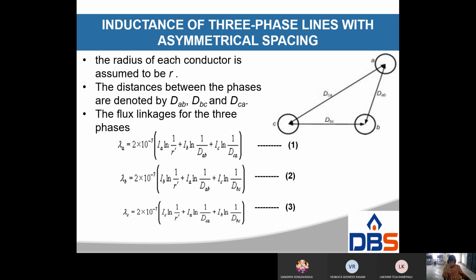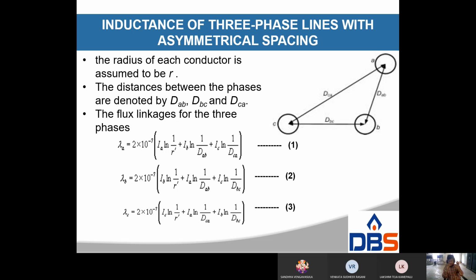Therefore, the voltage will not be the same for all phases. In order that the voltage drops are equal for all conductors, we generally interchange the positions of the conductors at regular intervals along the line. You understood?